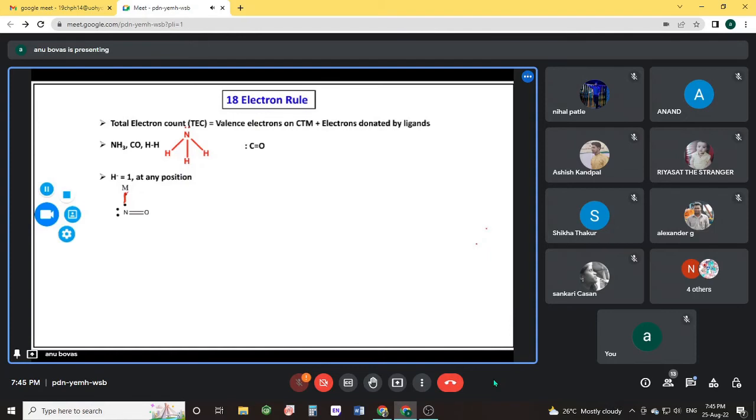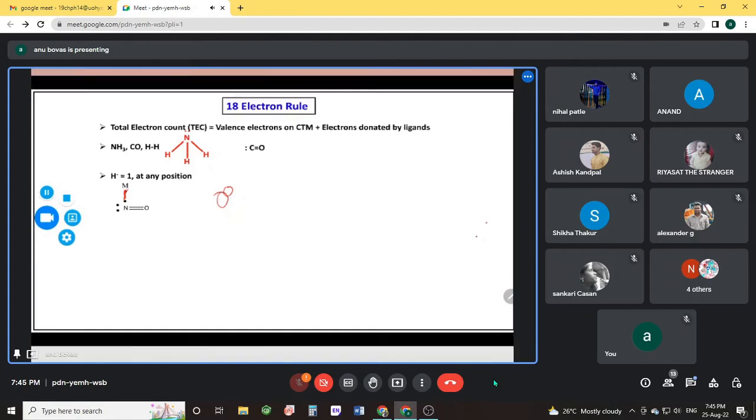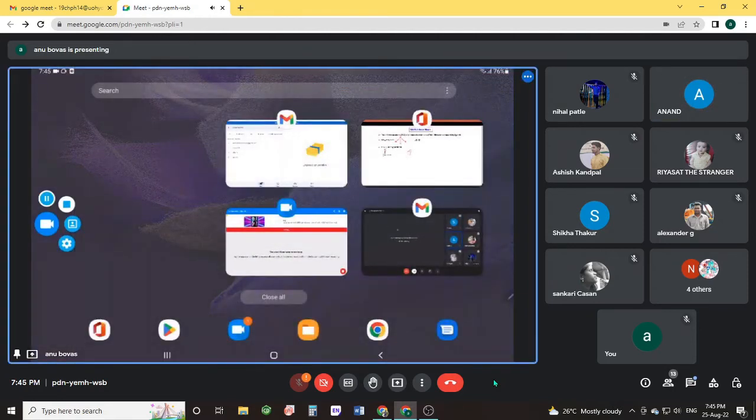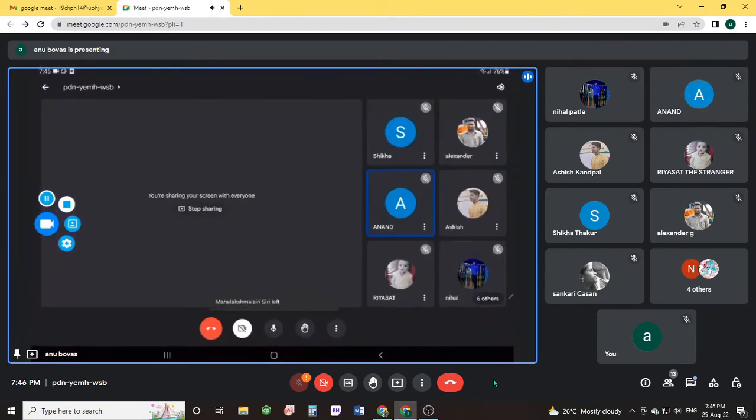So whenever nitrosyl is attached in linear fashion, it is a one electron donor, and in the second case nitrosyl is giving 1 plus 2 equal to 3. So in that case nitrosyl acts as a 3 electron donor when nitrogen is in the bent position. So this much is clear.